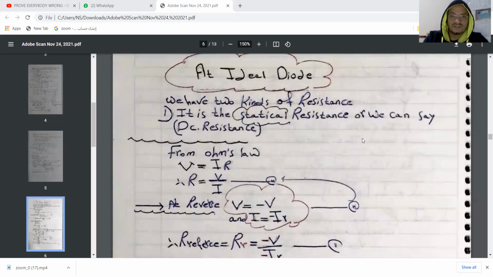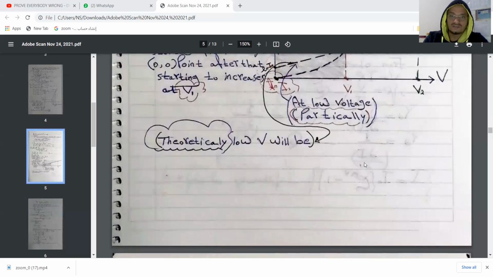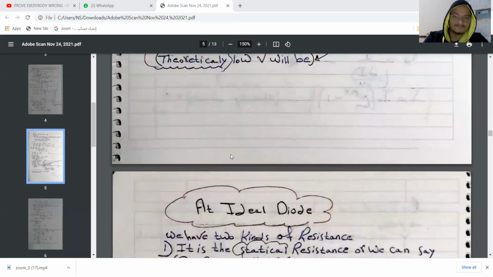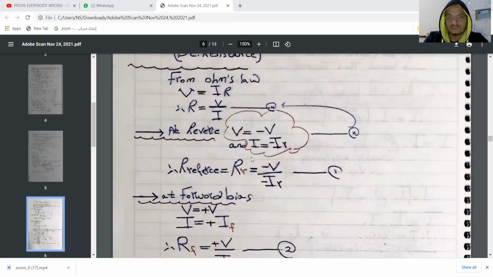Now let's talk about the ideal diode. Like we said before, at the ideal diode, the curve will be something like that, linear on the y-axis and another linear on the V-axis. Now we have two kinds of resistance: the static resistance, or we can say DC resistance, from Ohm's law.